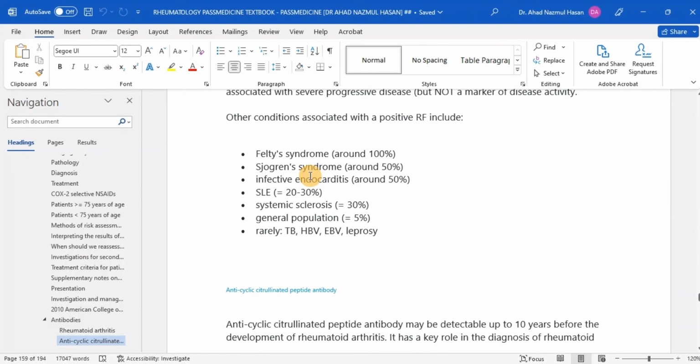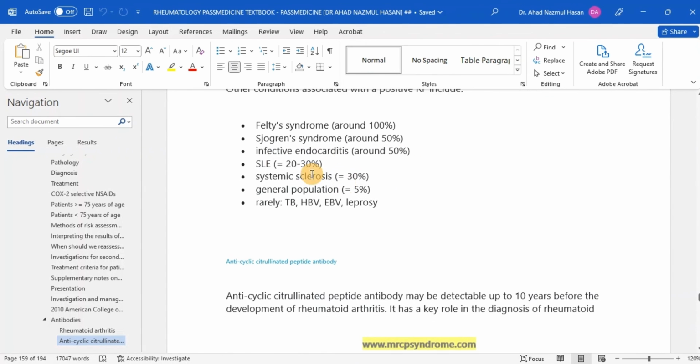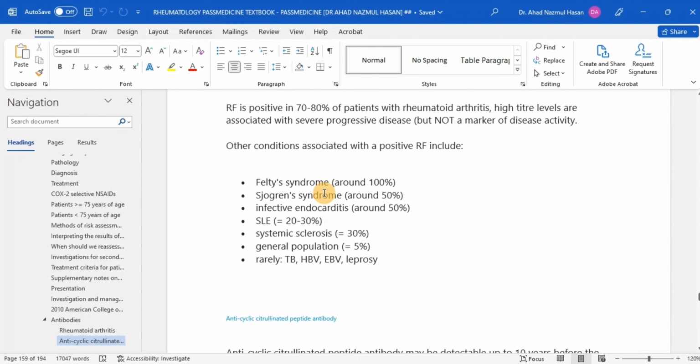Conditions associated with positive rheumatoid factor include Felty's syndrome, around 100%, Sjogren's and infective endocarditis, 50%, SLE 30%, systemic sclerosis 30%, and in the general population without any disease, the rheumatoid factor may also be found positive.